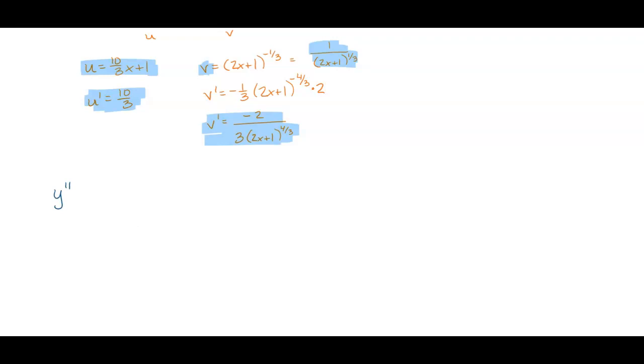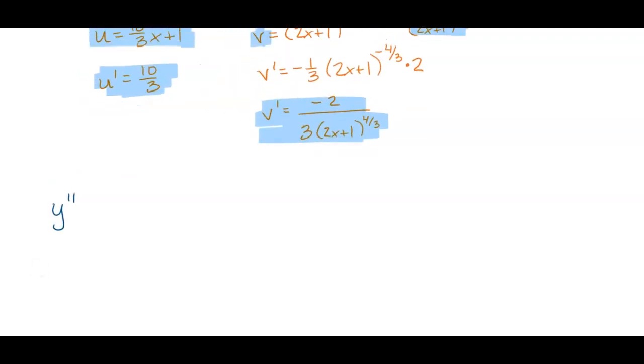All right, so my second derivative is what I'm finding here. I'm going to start with u, and then times v prime.